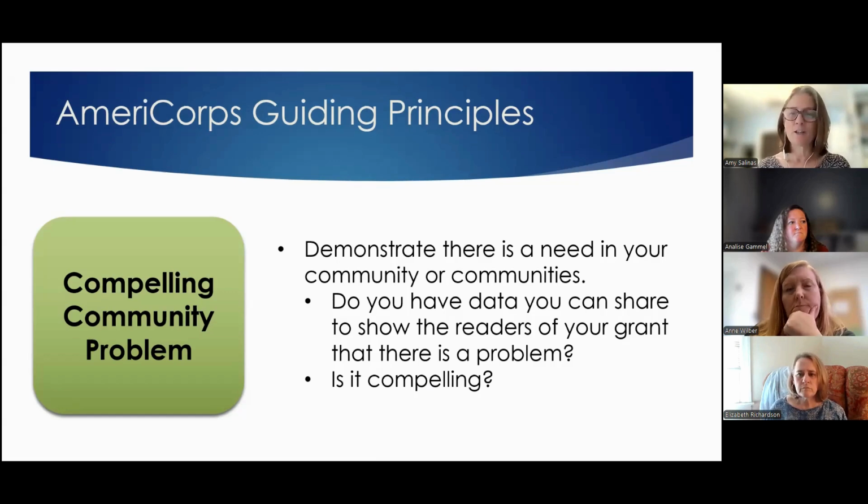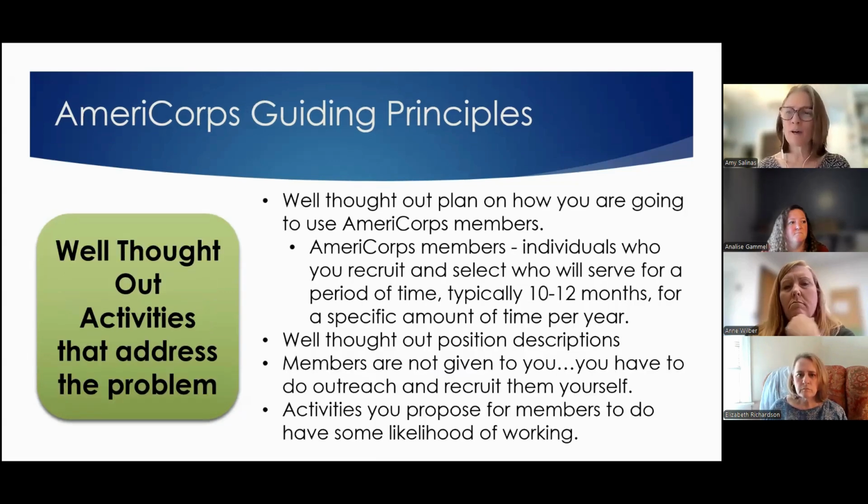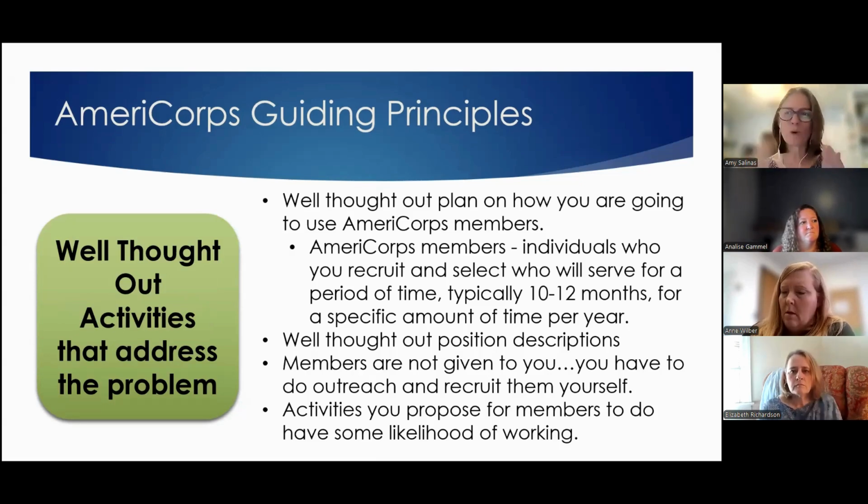From that, you're going to have to also think about well thought out activities that will help address the problem. And you're going to have to think about what kind of member you're going to want in that program based upon those activities, and a few other things that I'll talk about in a second. Some programs have very singular activities. They have like one or two things that members do, and that's all they do.